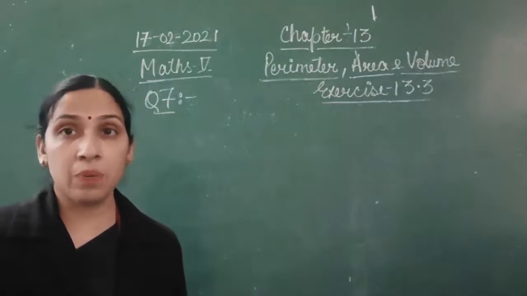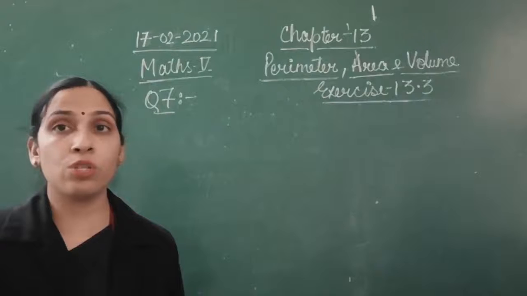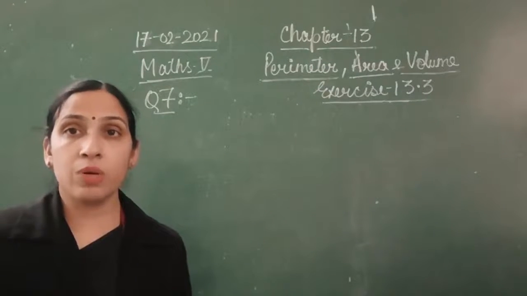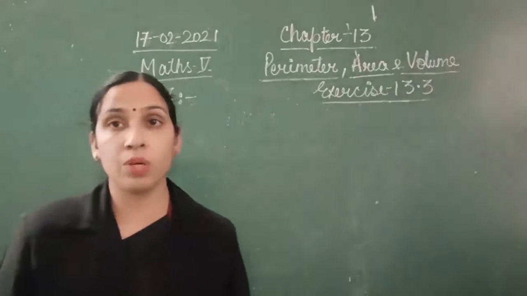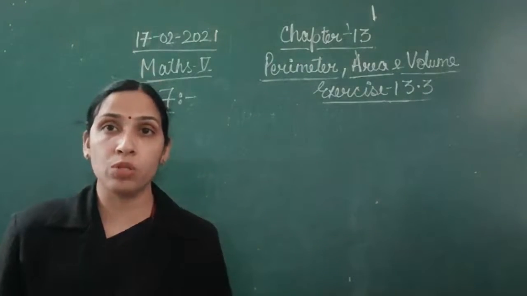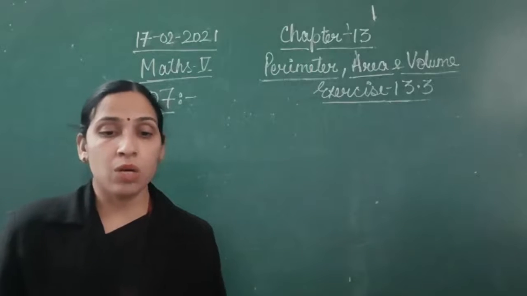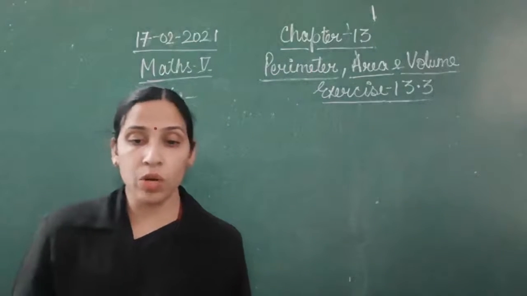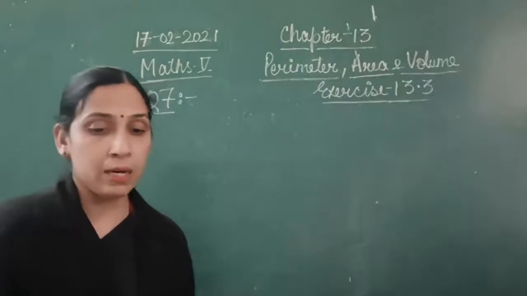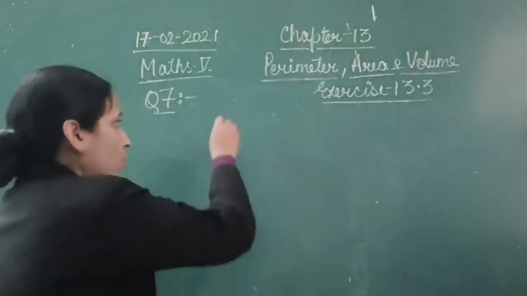Whatever we have done in the previous exercise, we are going to take here too. This question number 7 is of such kind, in which we will take up the concept of perimeter also. The side of a square field is given, you have to find its perimeter as well as its area. So we know the formula for both.